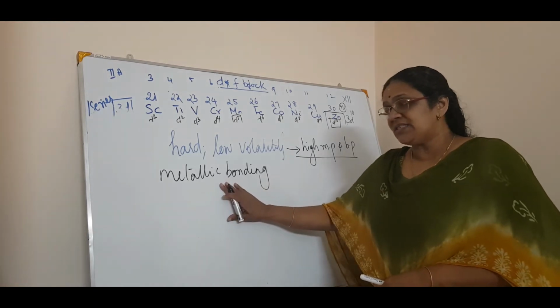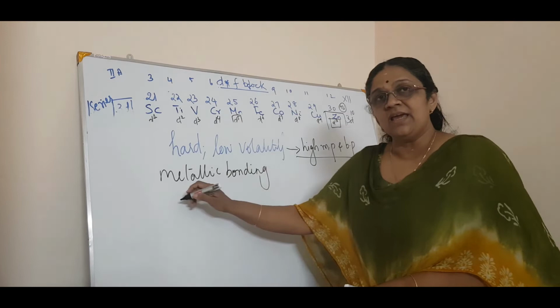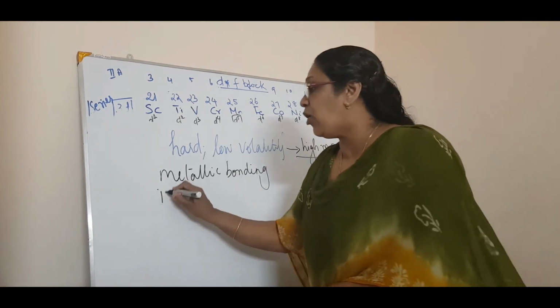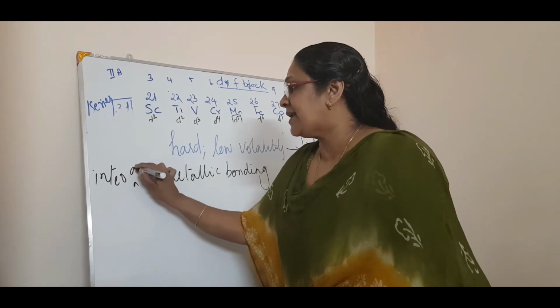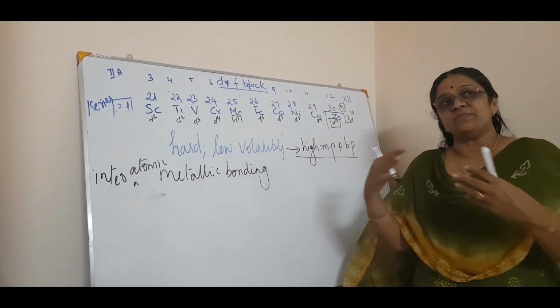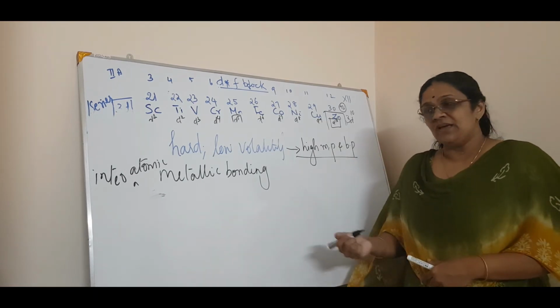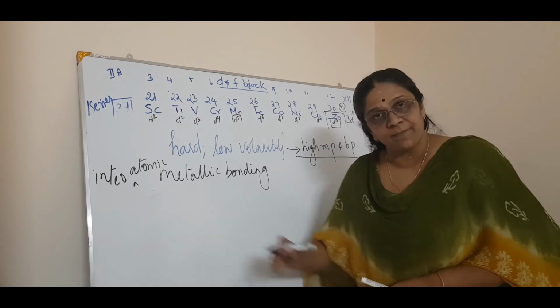Precisely, it is interatomic metallic bonding. What do you mean by interatomic? Between two atoms. What type of bonding is there? Metallic bonding.